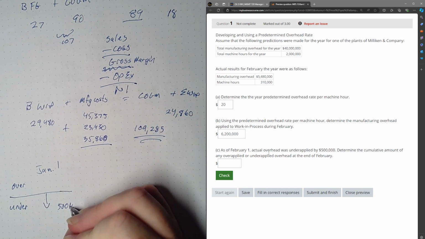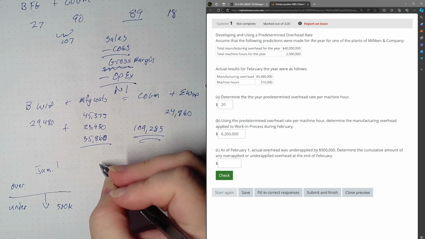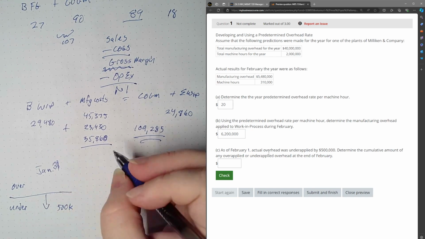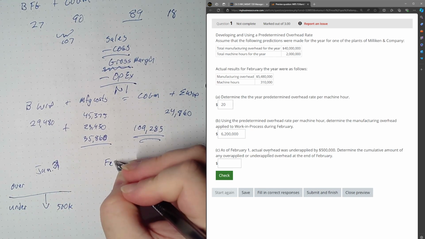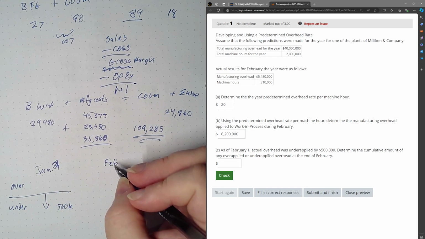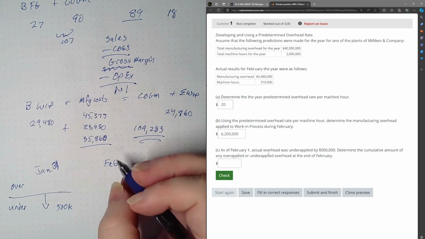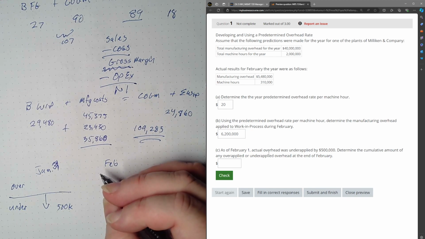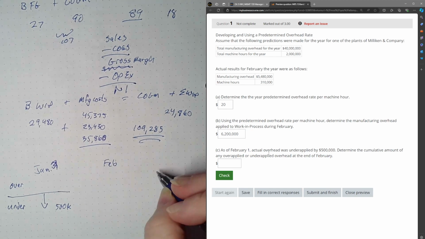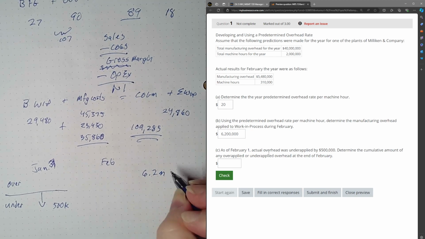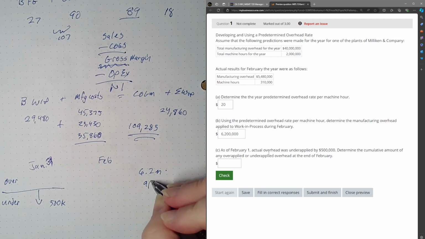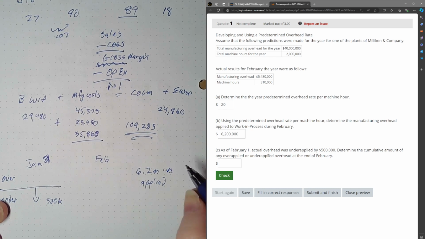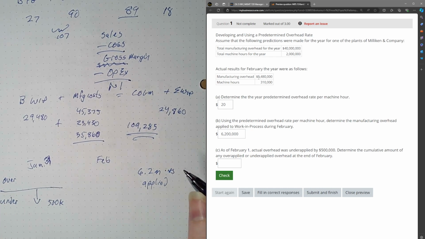So what we're going to figure out is for January 31st. So let's just call it January. So for February, for all of February, we're going to say it was 6.2 million is the applied versus the actual manufacturing overhead of 5.48.